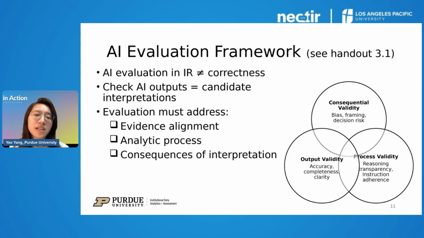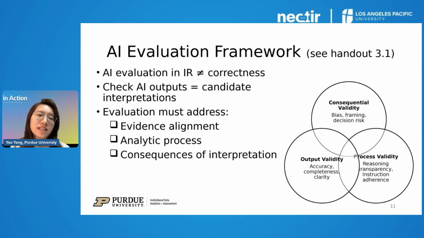That means every output needs to be checked and evaluated before it is used. There are three key areas we need to consider for our institutional work. The first area is evidence alignment, because we need to ask whether the output generated by the assistant we created is grounded in the data we provided.